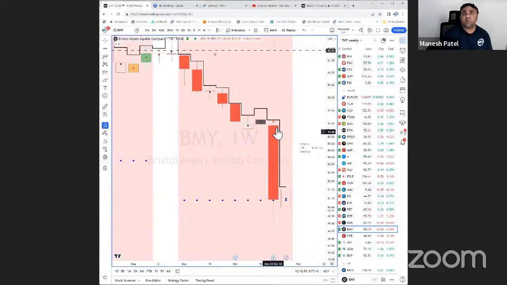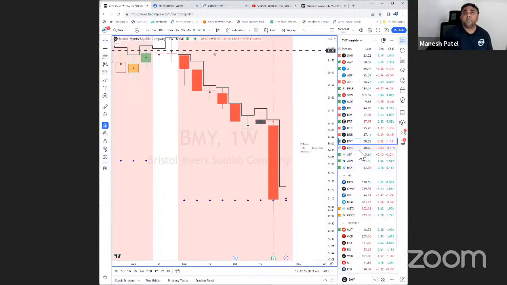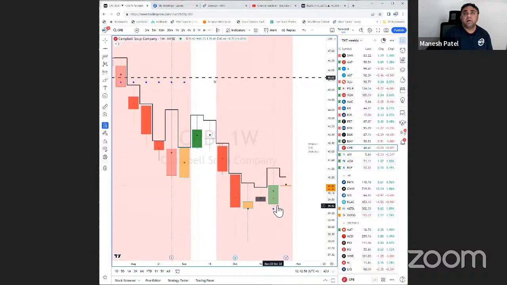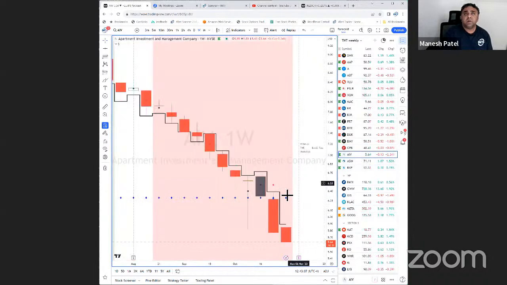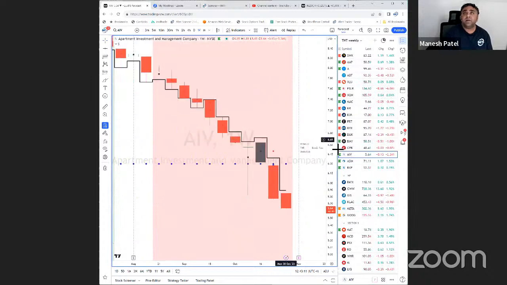BMI, this is a profitable trade, entered right there, and even got to the target, 9-1. Over here, this is a trade that barely, actually, didn't get in at all. So that's no trade. This is a trade that came out, filled the gap, went down. That's 9-1.